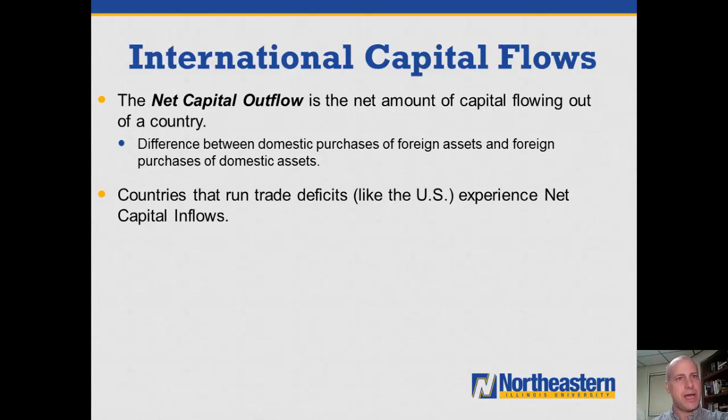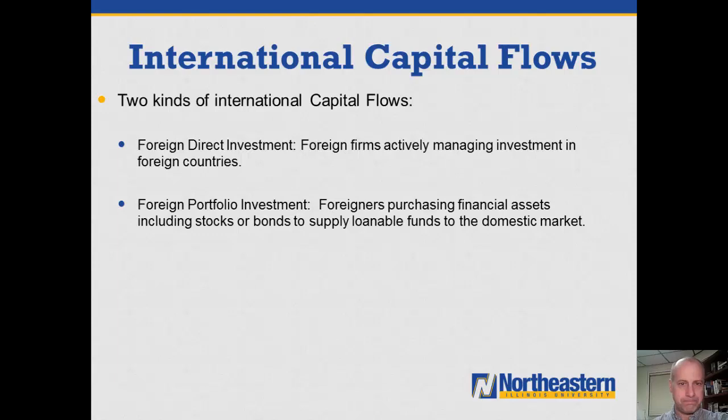Essentially, the extra dollars flowing out that we use to buy foreign goods and services that don't flow back when foreigners want to buy our goods and services flow back to us in the form of investments in U.S. assets. So the excess dollars that are generated by our negative net exports come back when foreigners invest in our country, in the assets in our country.